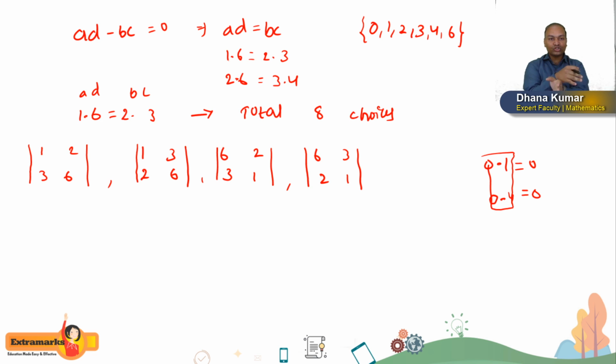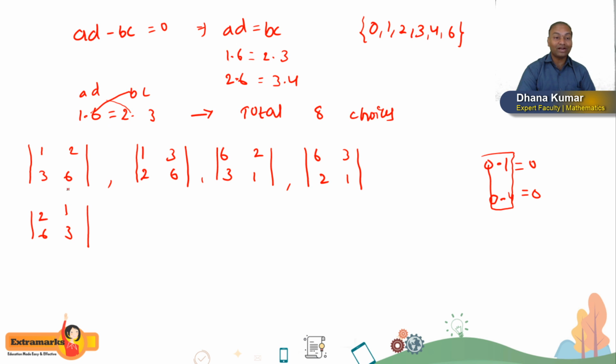Just reverse it and write. That is AD is equal to 2 3, BC is equal to 1 6. Understood? Then also the answer is 0. So AD 2 3 means here 2, here 3, and here 1, here 6. One possibility. Again the determinant is 0, but with different elements.